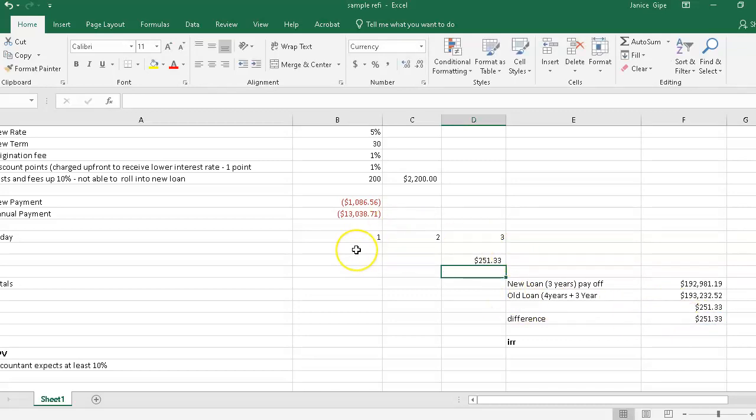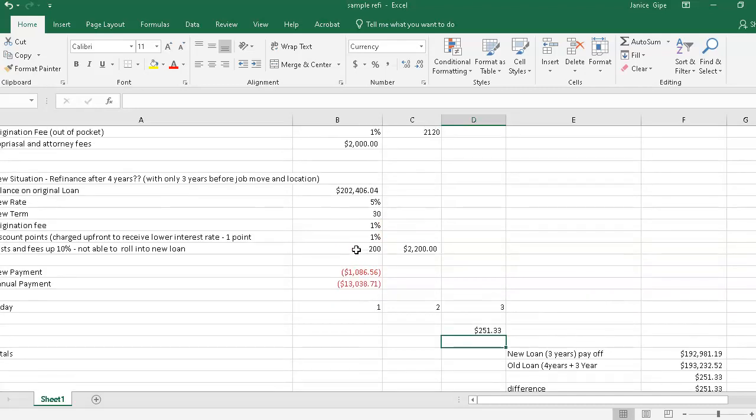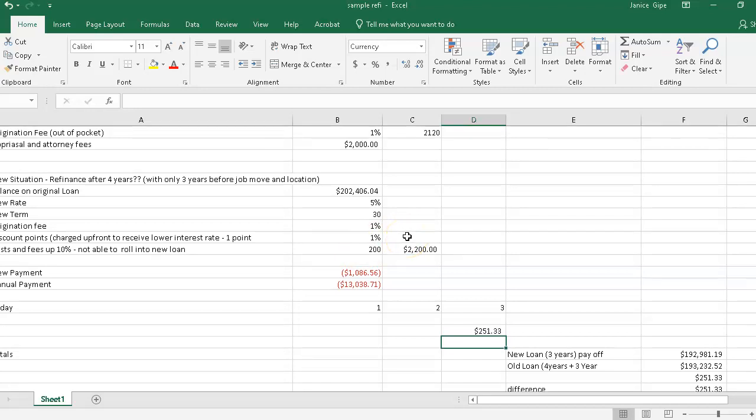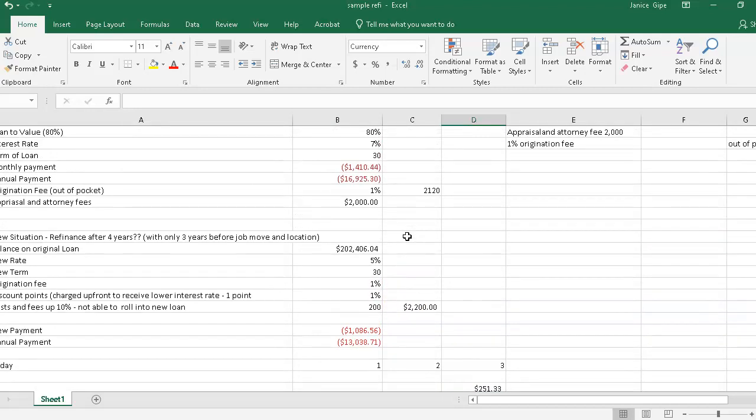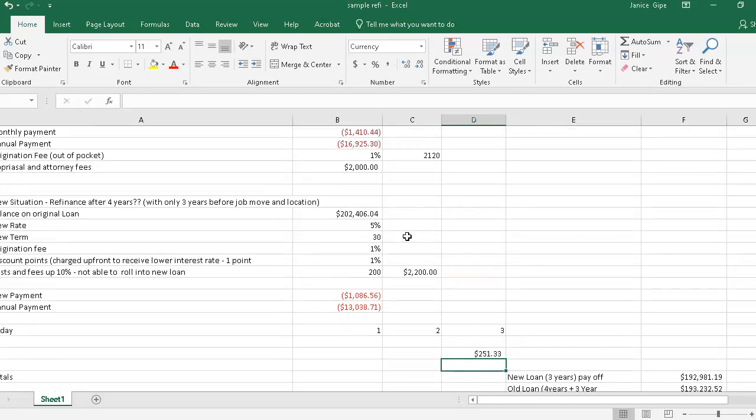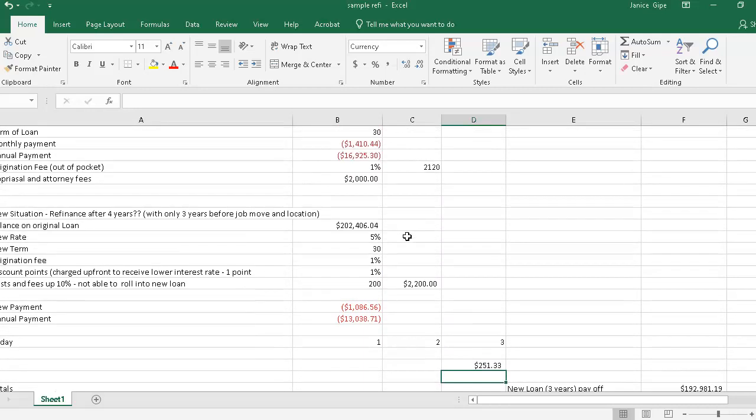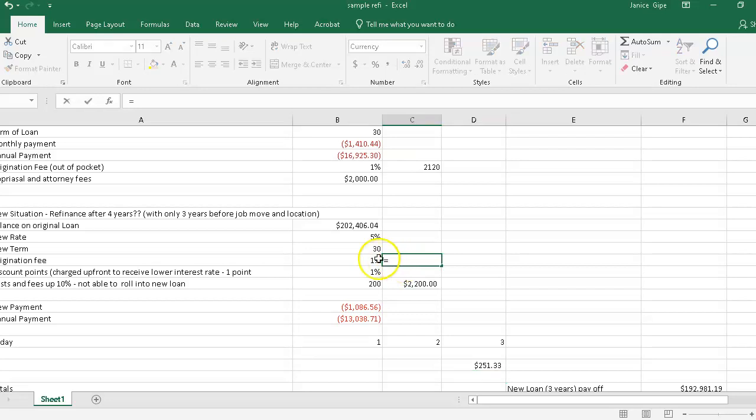Okay. Now we calculate the savings that we had in the loan overall, annually, monthly, and to get those numbers, we have to extend the payment amounts. These are origination fees, which is equal to the 1%.